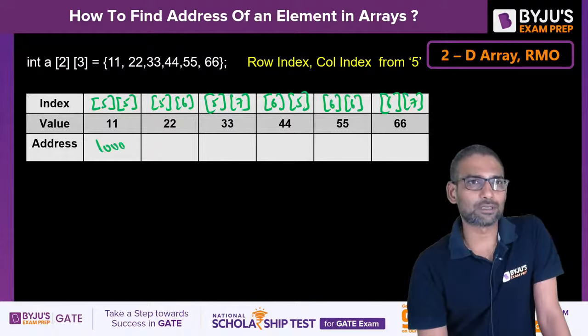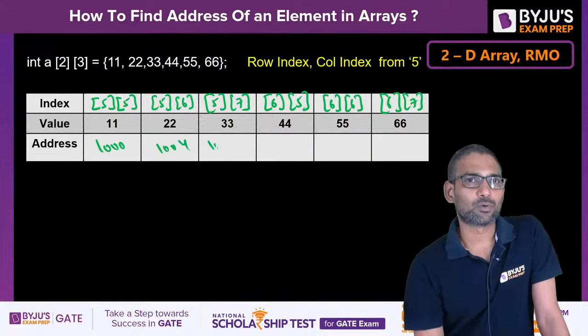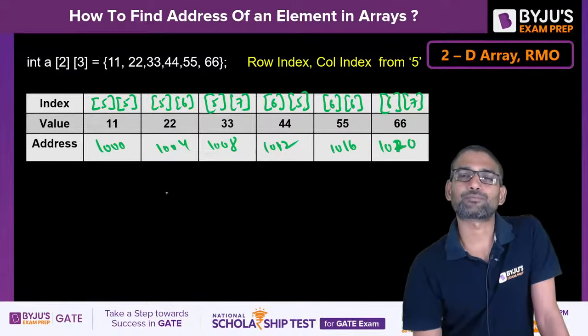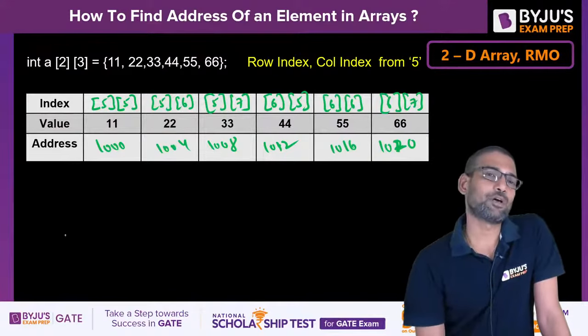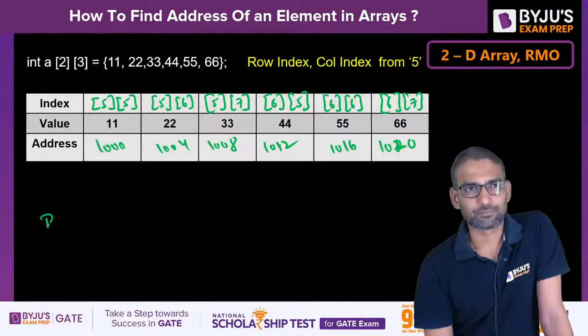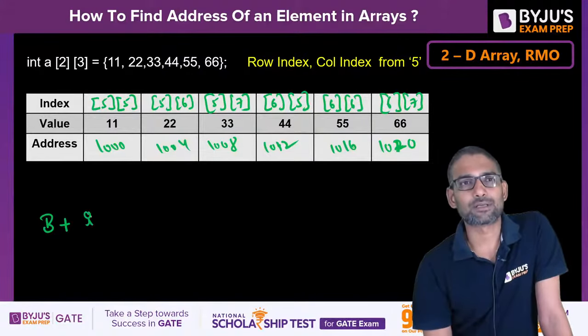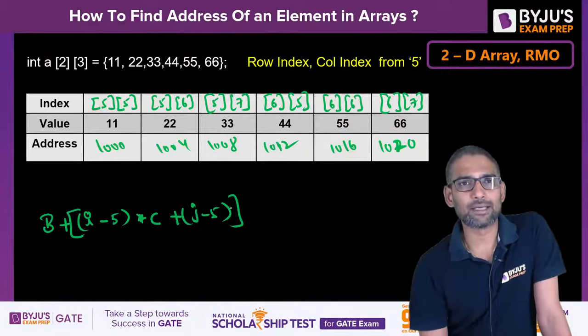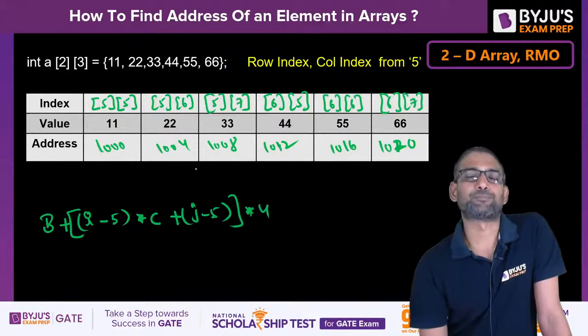Addresses are 1000, 1004, 1008, 1012, 1016, 1020. Now, if you apply the same formula, base address plus I minus 5 multiplied by number of columns plus J minus 5 whole multiplied by size of each element.